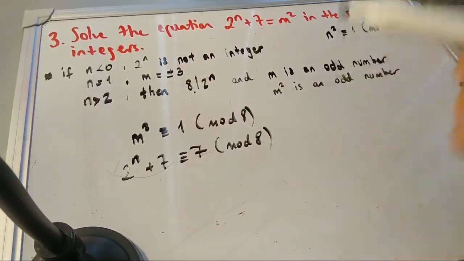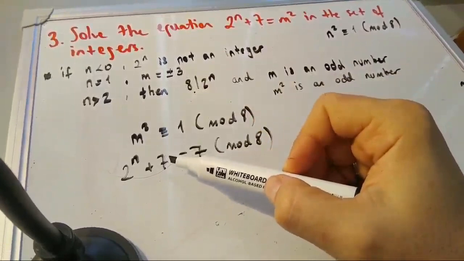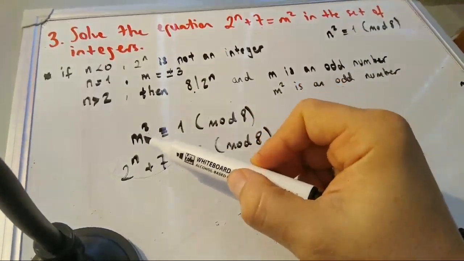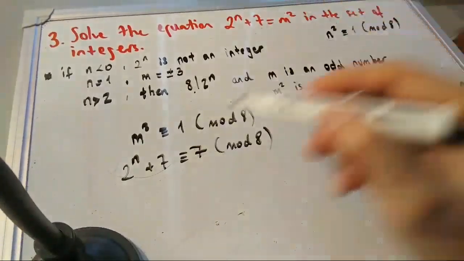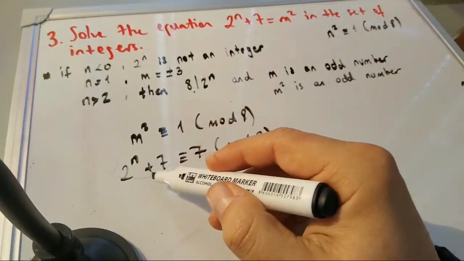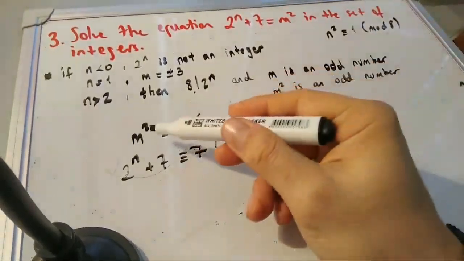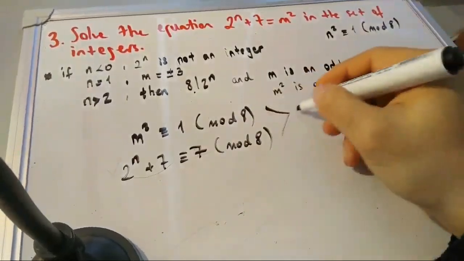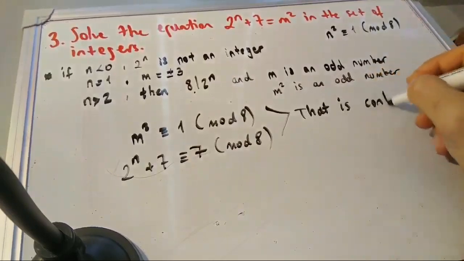How is it possible? m squared is equal to 2 to the power of n plus 7. m is an odd number. When we divide m squared by 8, we get remainder 1. When we divide 2 to the power of n plus 7 by 8, we get 7. But actually m squared is equal to 2 to the power of n plus 7. That is a contradiction.